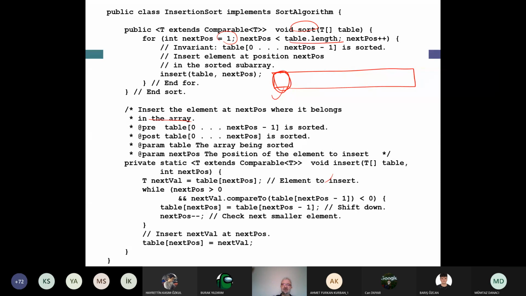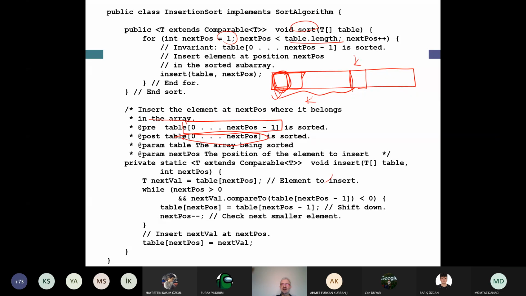And in the first iteration, this one is satisfied since the first element is sorted. After the first iteration, these elements are sorted, right? And before kth iteration, the k elements here are sorted, and index k element will be inserted.